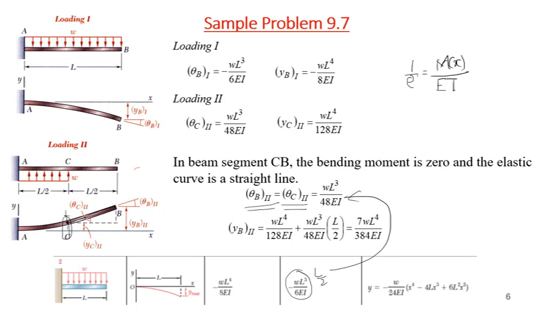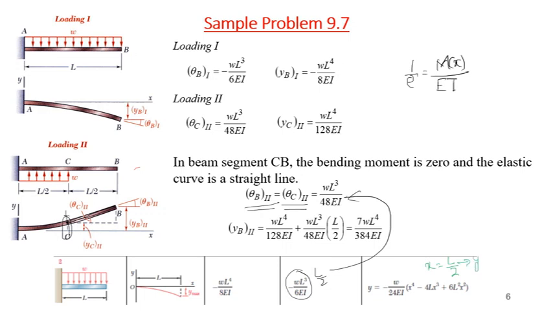Now, for the deflection, we can find it up to C by putting in this equation. Let me change the color again. In this equation, if you put x equal to L by 2, this will give me yC2.